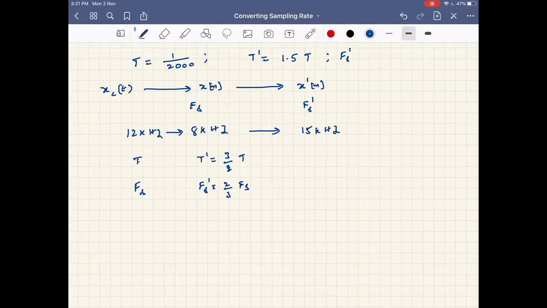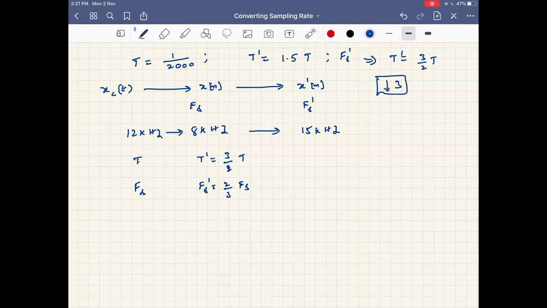So what's the answer? Say, for example, if I want to get T dash equal to 1.5 times T, what do you suggest? I can write this, in this example, as T dash equal to 3 by 2 times T. Hence I should ideally downsample by 3 times.